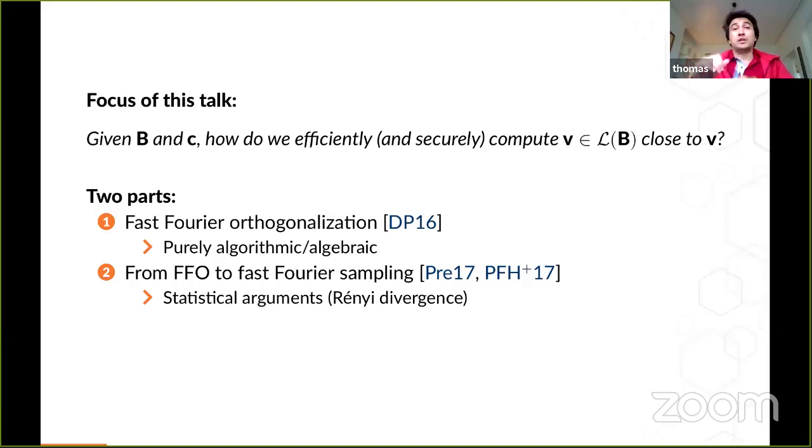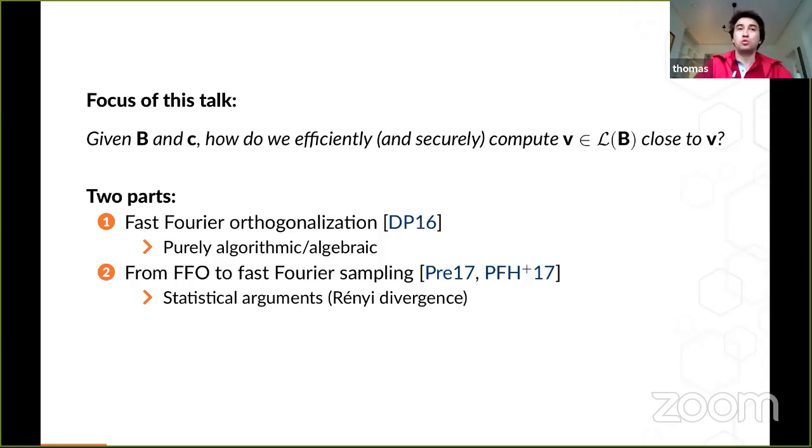The second part will start from this algorithm, which we will show is efficient, but in part one we will not study at all the security of this algorithm, only its efficiency. So in part two, we will study the security and see how to go from fast Fourier orthogonalization to fast Fourier sampling.